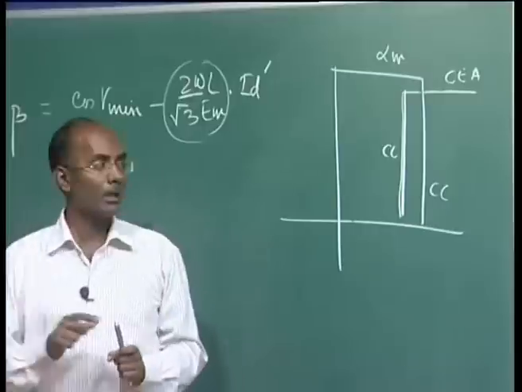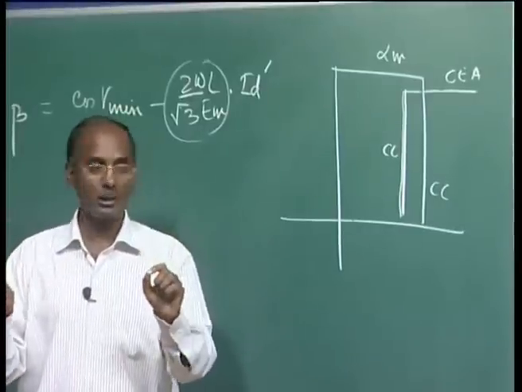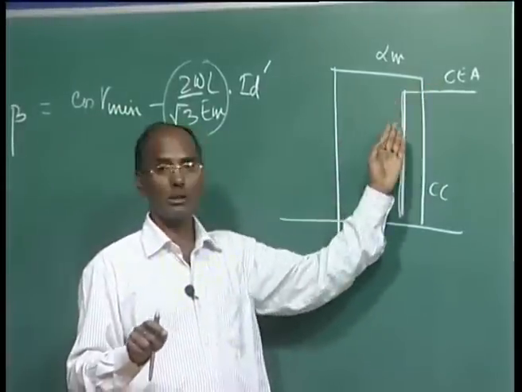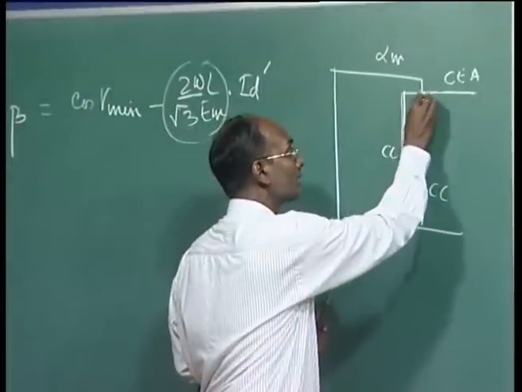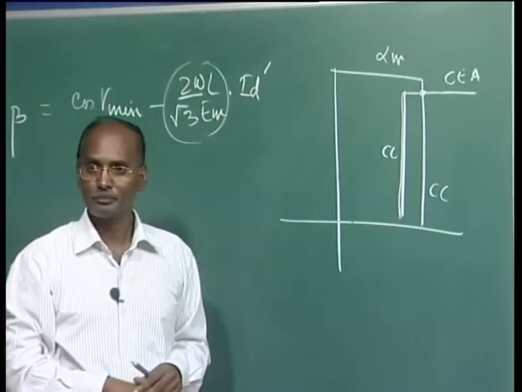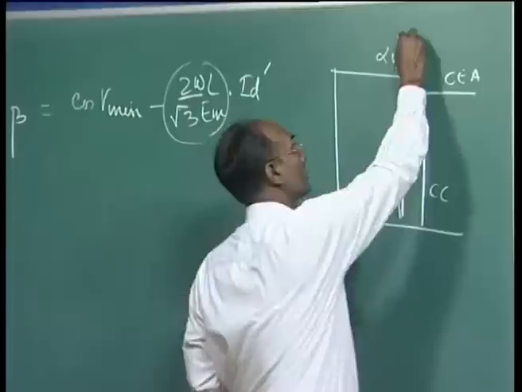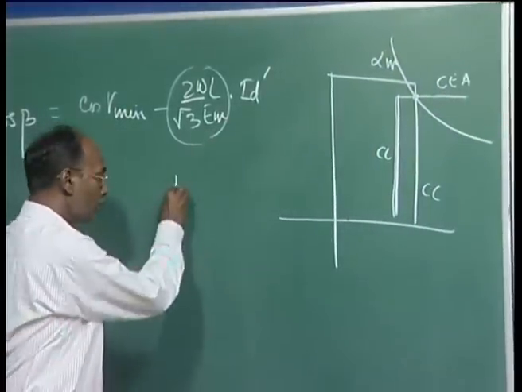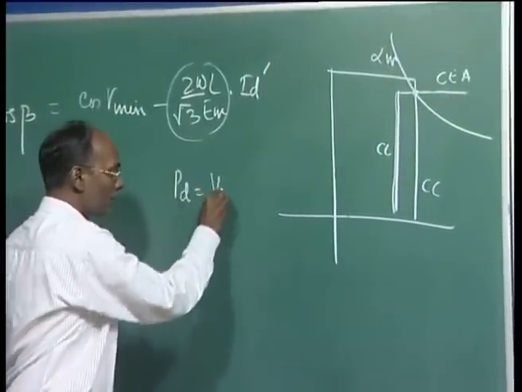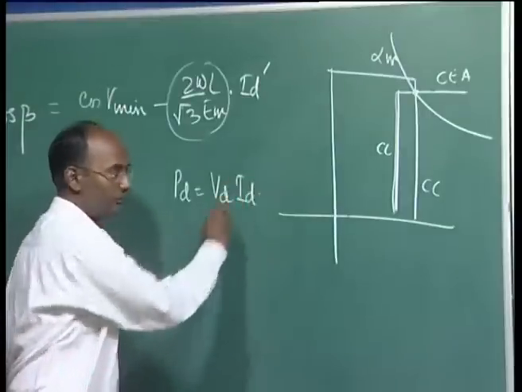We will see again, even for maintaining constant power, how the characteristic from here to here and here to here is going to change. Suppose right now, in this condition, this is your operating point, and if you draw your power characteristic, it will be this characteristic. Why? Because we know PD is nothing but VD into ID in per unit.